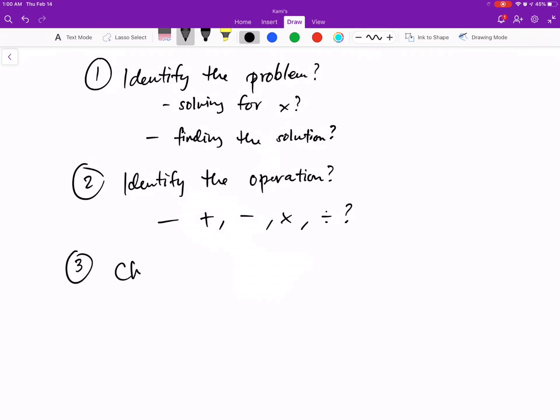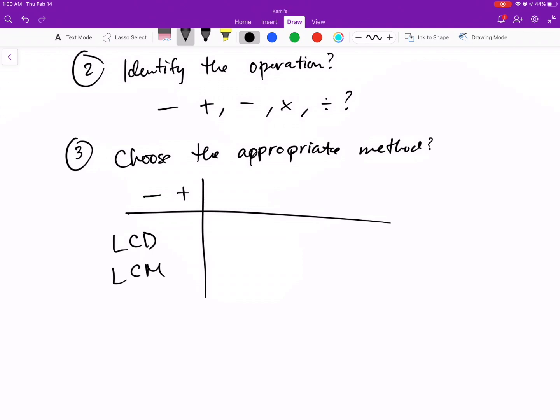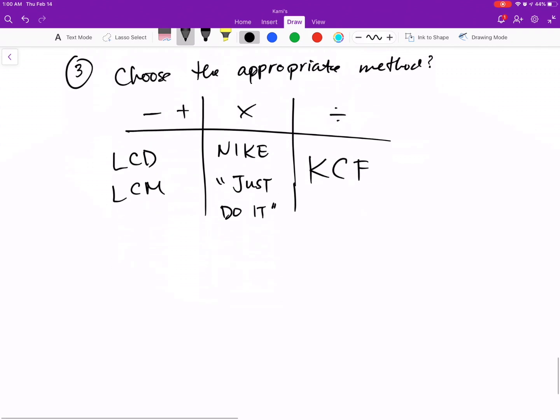3. Choose the appropriate method, which I'll list here. Minus and plus is going to be LCD, LCM. Multiplication is going to be the Nike symbol. Just do it. And division, we use the keep, change, flip.